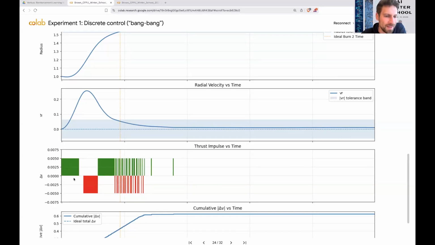I would say the one thing that stands out here is, with Hohmann, ideally both burns are prograde. They should be both positive and in the green. One around here and one around here, the second one happening at the orange line. Interestingly, the agent here is learning to do some retrograde burns, which is less efficient.